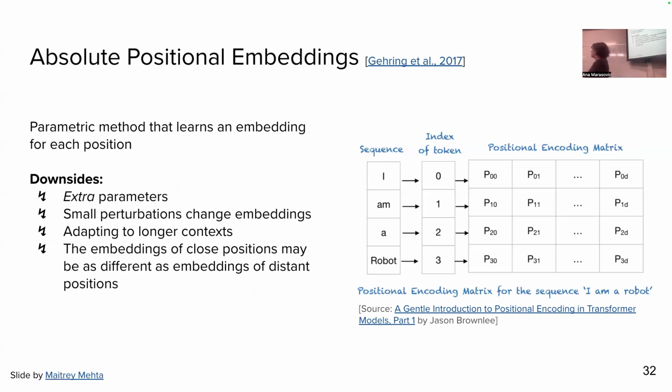As we are bounded by memory, we are going to set maximum length to something that's not necessarily the maximum length of what we would like to encode. And the final issue is that the embeddings of position, let's say 0 and 1, might be as different as the difference between the embedding of position 0 and 1,000, right? So there is no notion of which tokens are closer and which are farther away, which is another issue.